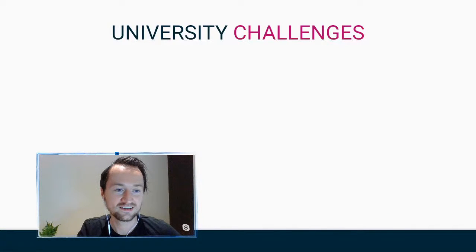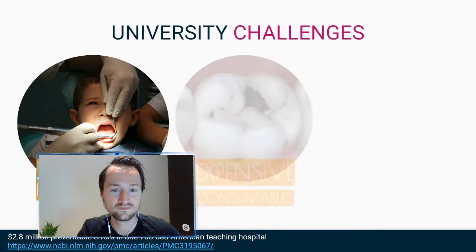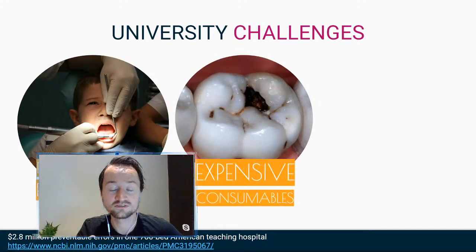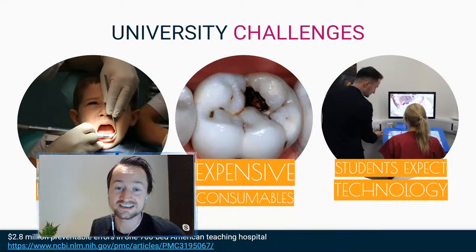Now, some of the challenges you might be facing as a university trying to teach dentistry today is that we don't want to put patients at risk too early within students' training, that the consumables become expensive, and to actually attract the students to our universities, the students expect modern curriculums nowadays.